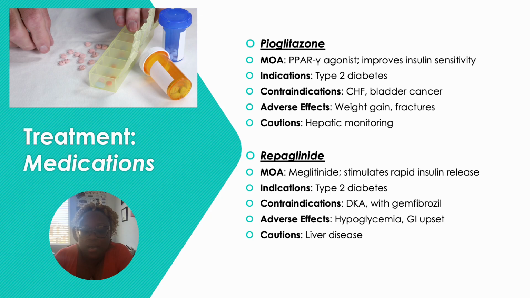Adverse effects are hypoglycemia, GI upset, and we use this cautiously in patients with liver disease. I want you guys to look up why it's contraindicated with patients with DKA and also patients that are taking gemfibrozil.